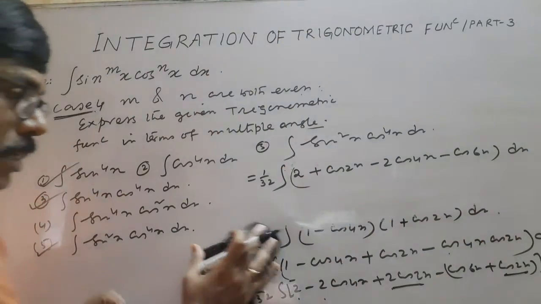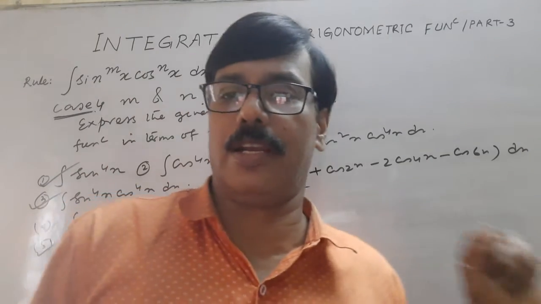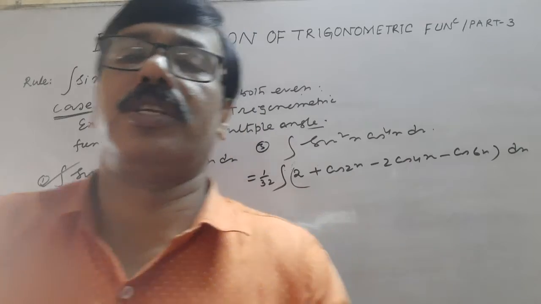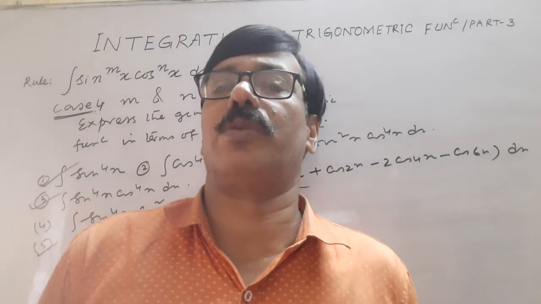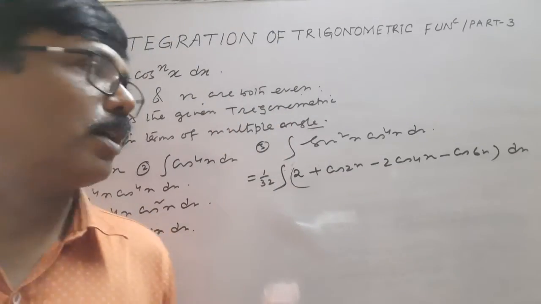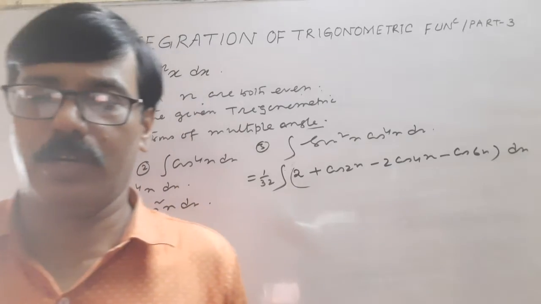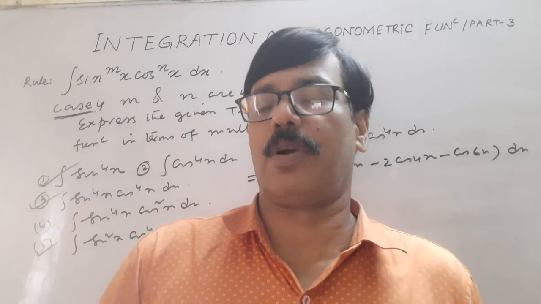So all are in standard form. Integrate and you get the result. So this is case 4. Now case 5 is the most important part. So you may get one problem in board or in competitive exam. So case 5.